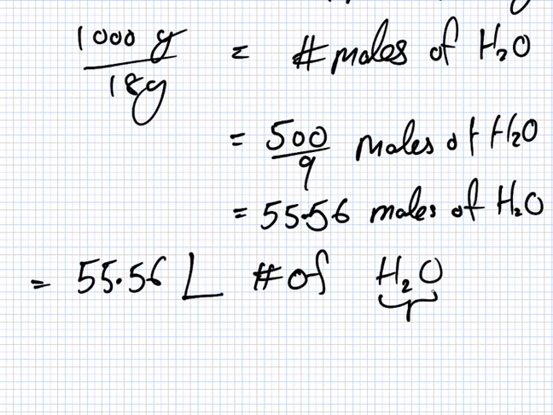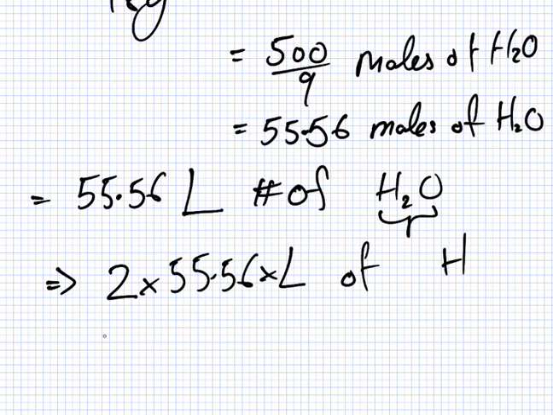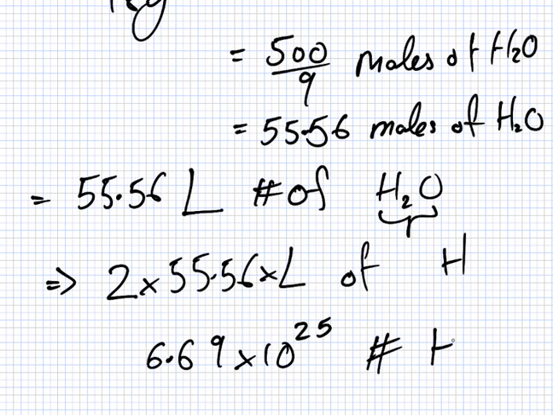But in H2O, I have 2 hydrogen atoms and 1 oxygen atom. So that means I would have two times 55.56 times Avogadro's number of hydrogen atoms. What number is that, please? 6.69 times 10 to the power of 25. That's how many hydrogen atoms I have.